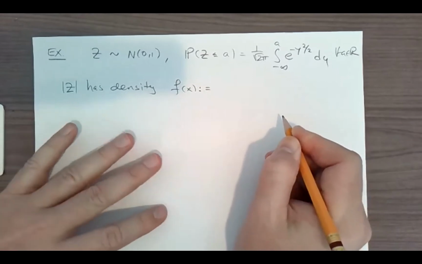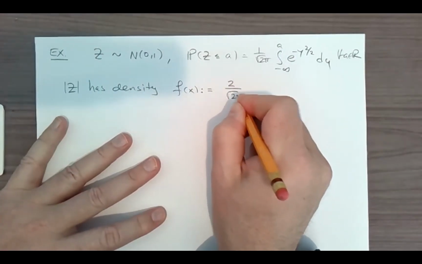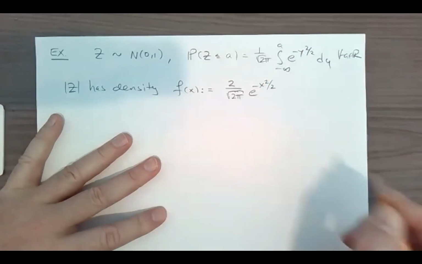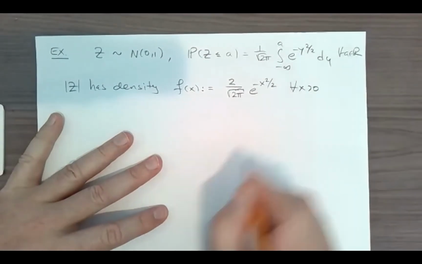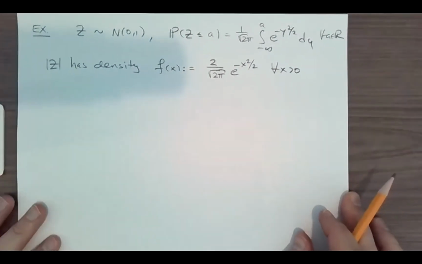Let me write out what the density is: 2 divided by square root 2 pi e to the minus x squared over 2, and this is for x positive. Because absolute value is, of course, a positive random variable.